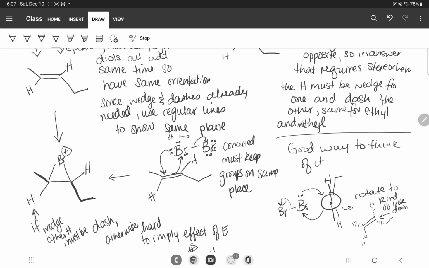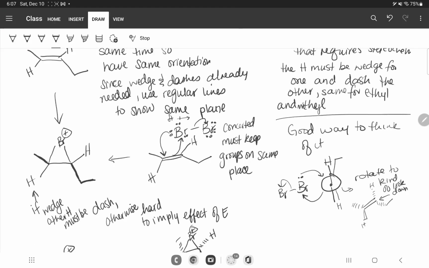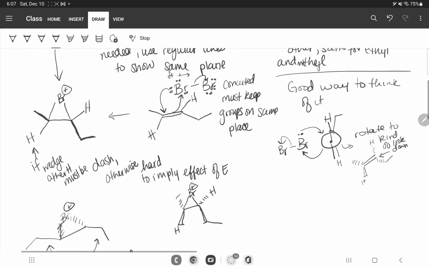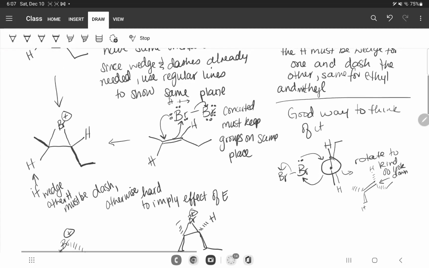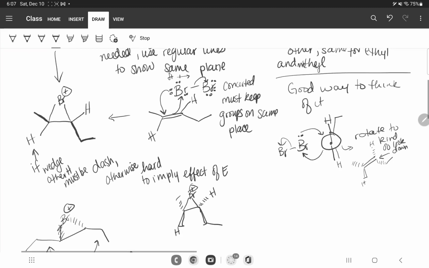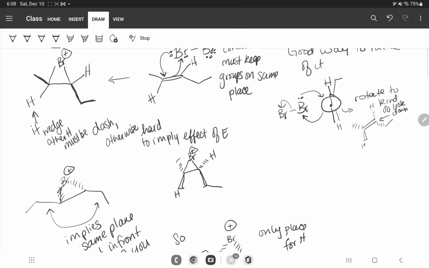If I make them a wedge and a dash, they need to stay a wedge and a dash. But because we know that the molecule has the ethyl and the methyl on opposite sides, one needs to be a wedge and one needs to be a dash.